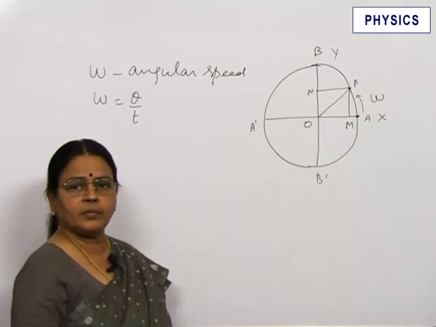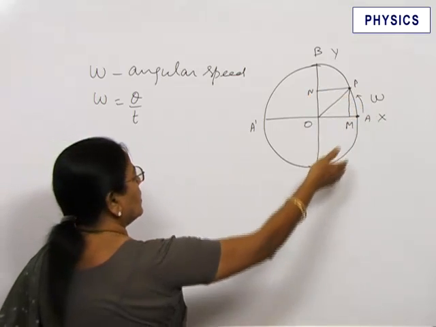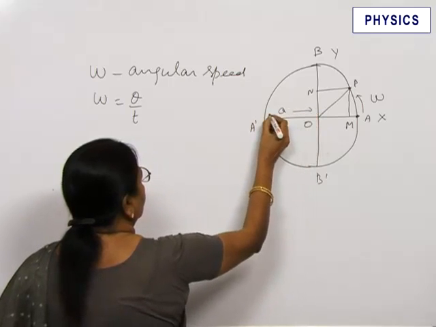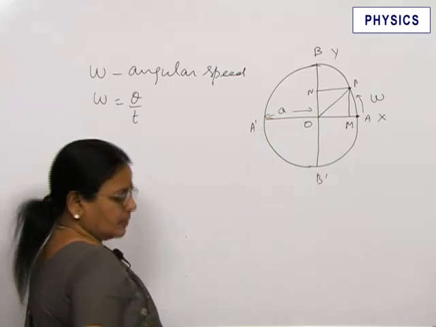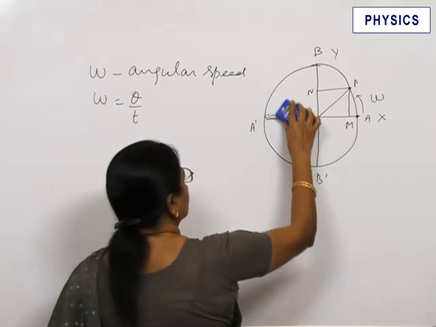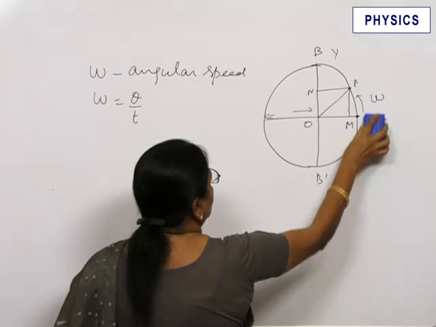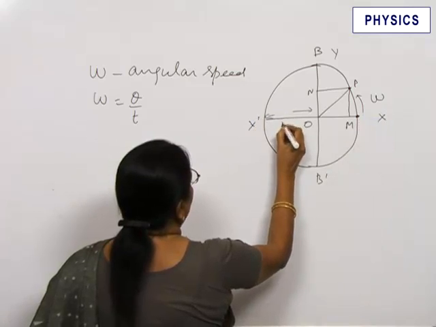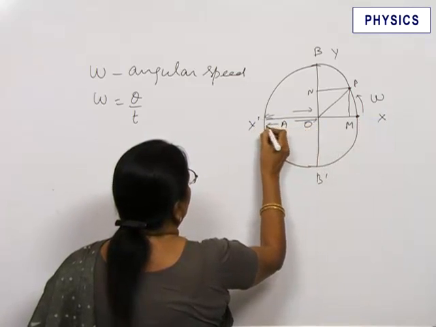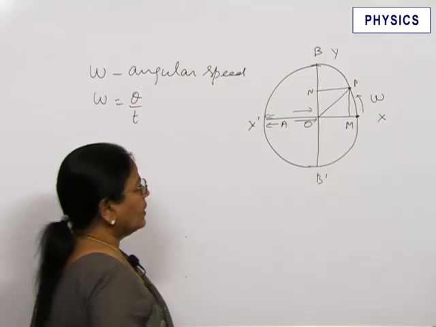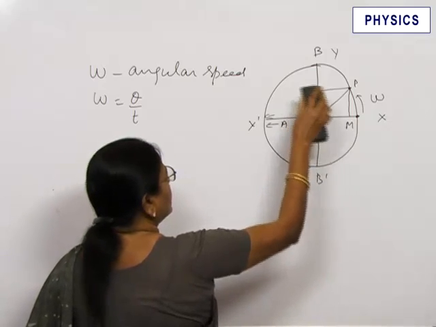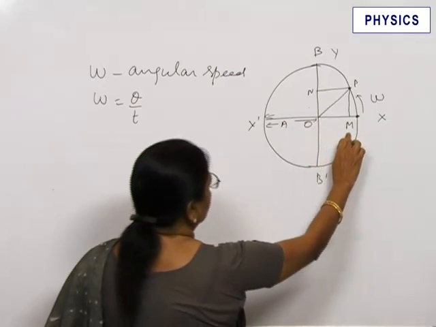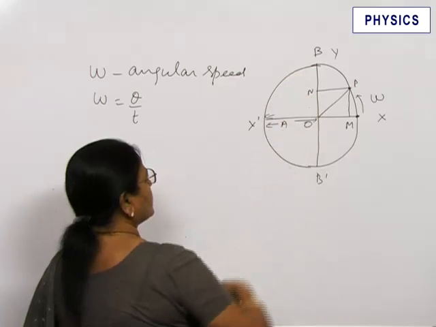So consider a particle performing uniform circular motion on a circle of radius A. We will take it as capital A, the amplitude, radius equal to A, because we will be having acceleration also mentioned here. Now when the particle reaches the position P, you draw the perpendicular to the x-axis. The foot of the perpendicular is M, and the foot of the perpendicular on the y-axis is N.